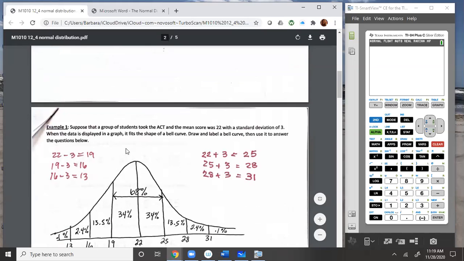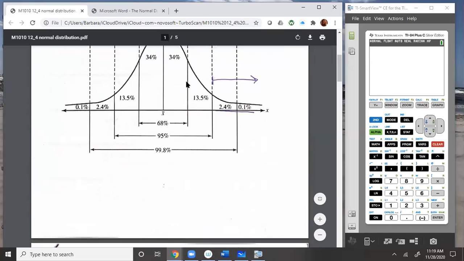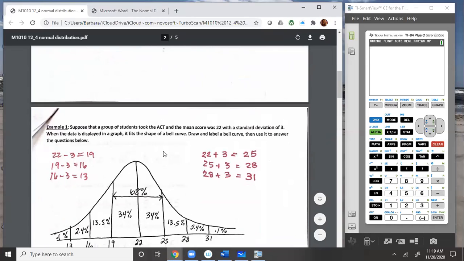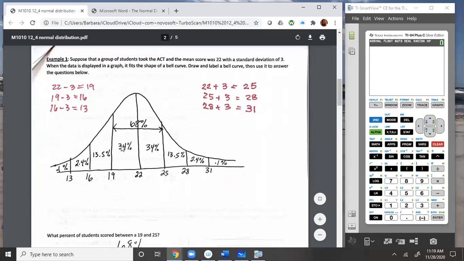We're going to copy down all these percentages, use that curve, and go ahead and put in the bars for 1 standard deviation away from the mean. And we have 34%, that is 1 standard deviation lower than the mean, 34%, that's 1 standard deviation above the mean, and so forth.